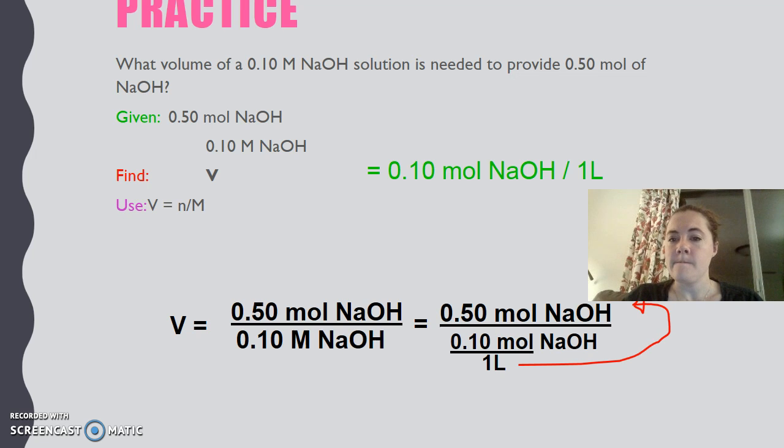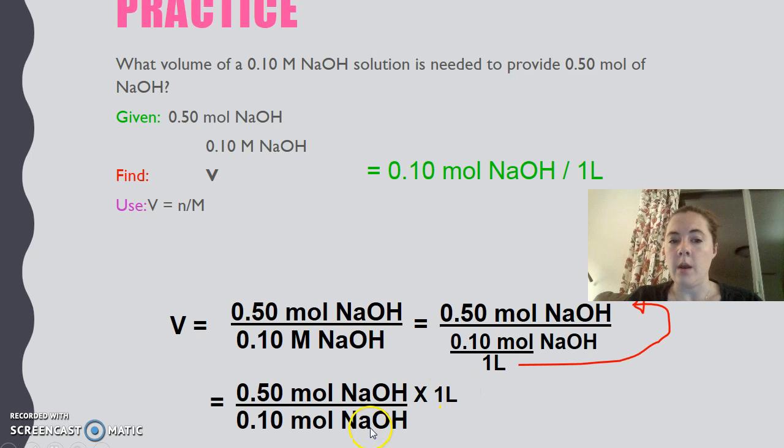Then I would get 0.5 divided by 0.1 equals 5 liters. So I just take my number of moles, 0.5, divided by molarity, 0.1.